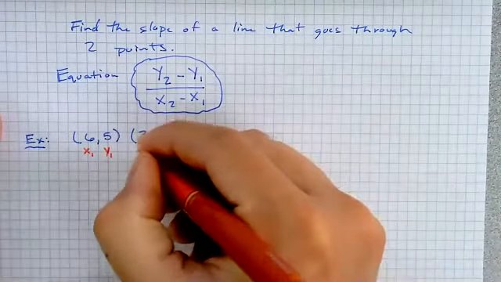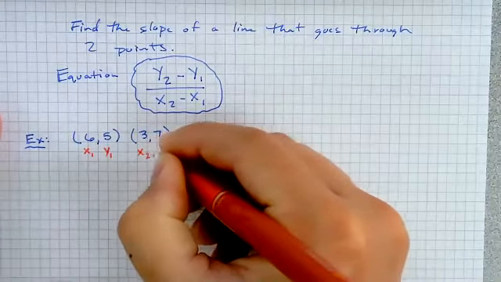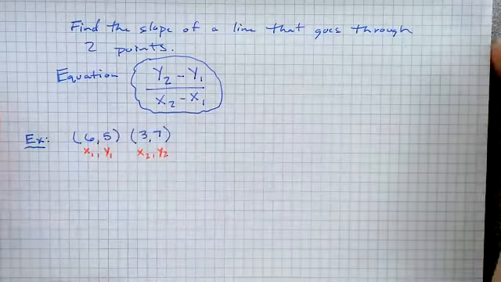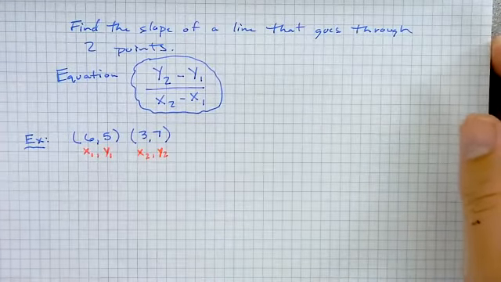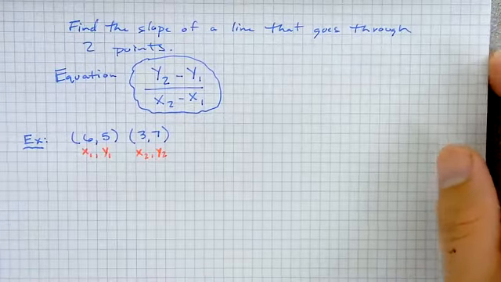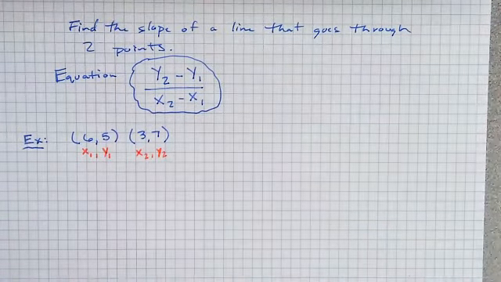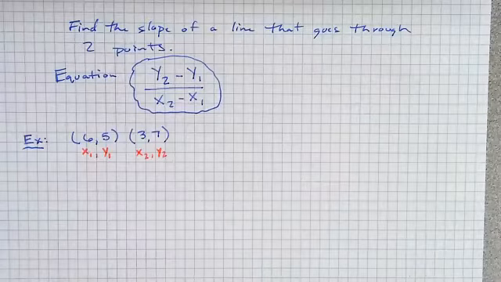And then the second point, we have x2 and y2. So really you're just taking your first x value, your first y value, and vice versa with the second one, x2 and y2.